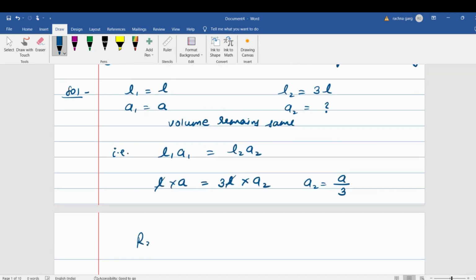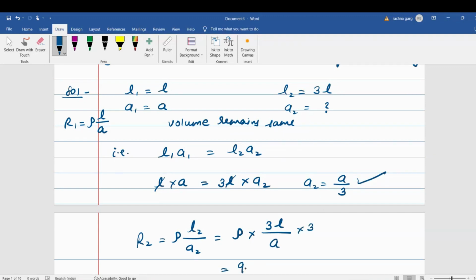Now, new resistance R2. R1 is given to you. R1 is rho L by A. R2: rho is not changing because you are not changing the material. Same wire is stretched. Rho L2 by A2. So rho into 3L, A2 is A by 3.